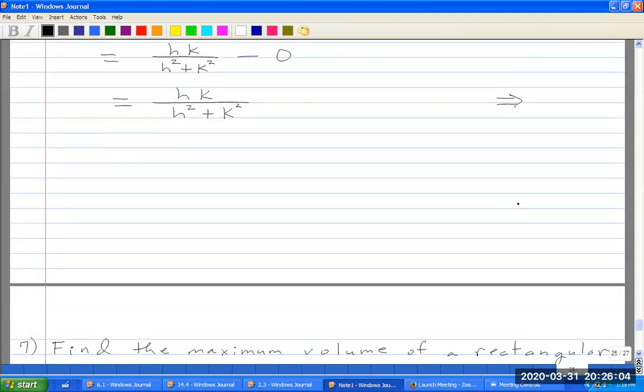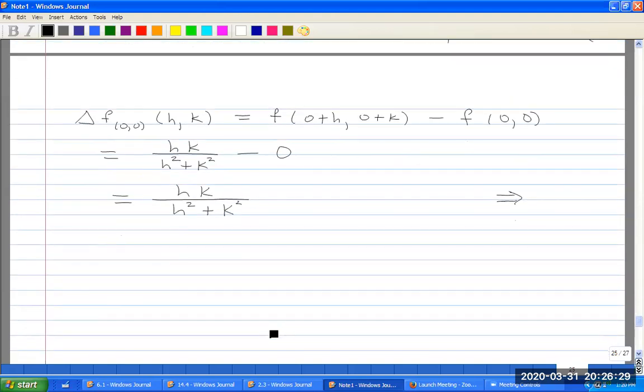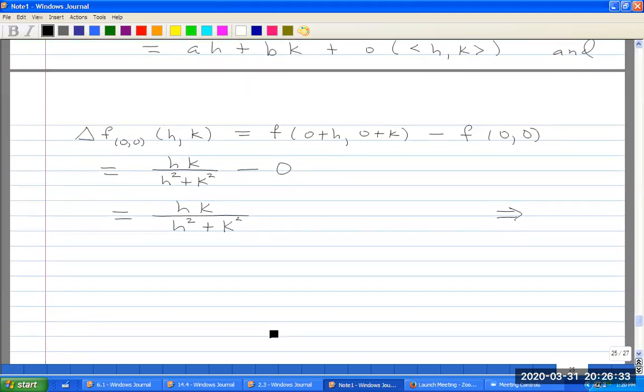And so this says that hk over h squared plus k squared has to equal ah plus bk plus the little o of the square root of h squared plus k squared.